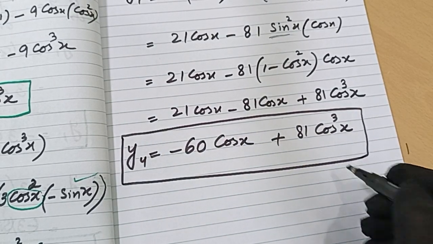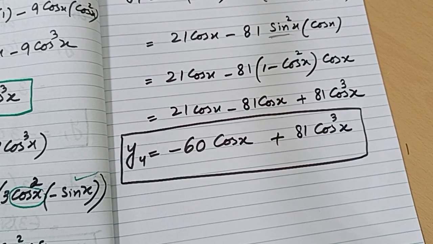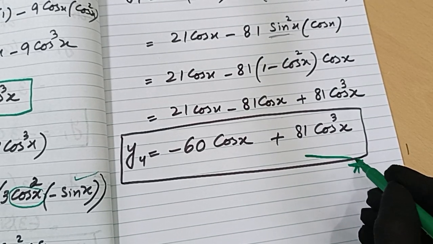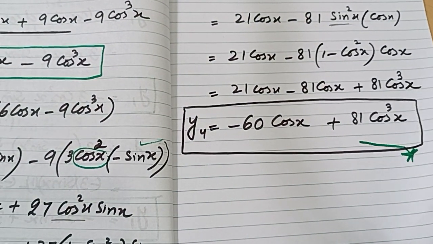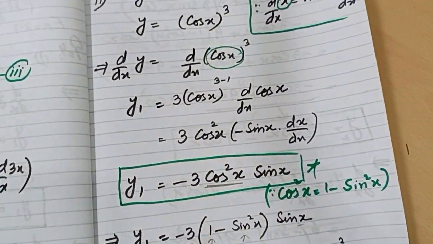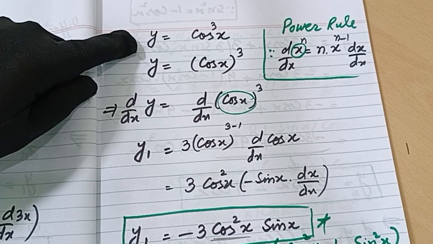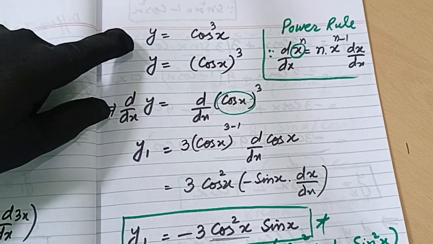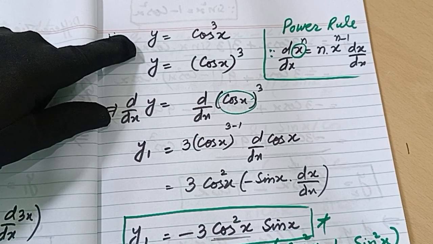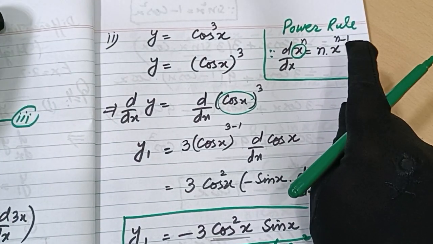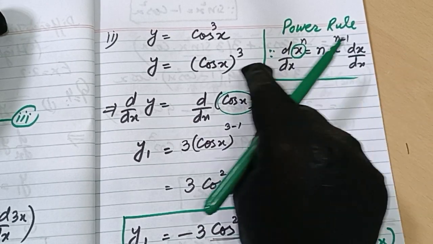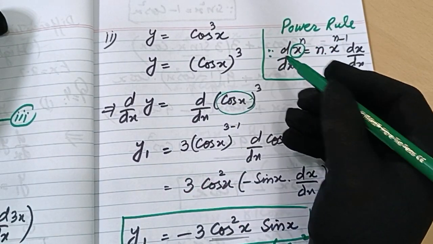Until here, I think you will understand this procedure of taking the derivative one after the other. I have shown in a very nice way how you will take the derivative of a complicated trigonometric ratio if it has a power. So don't forget, if the question has a power, taking the derivative means you have to apply the power rule.